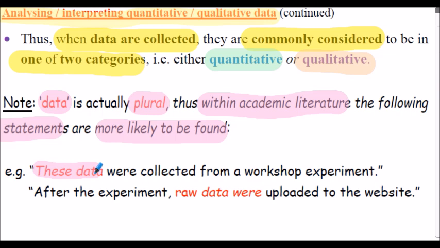These data were collected from a workshop experiment. After the experiment, the raw data were uploaded to the website. In general parlance, you often hear people state the data, but to be academically correct, we should state these data. And particularly in academic literature, you will note that data is considered plural.